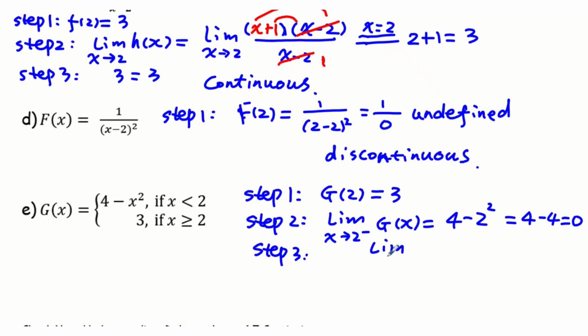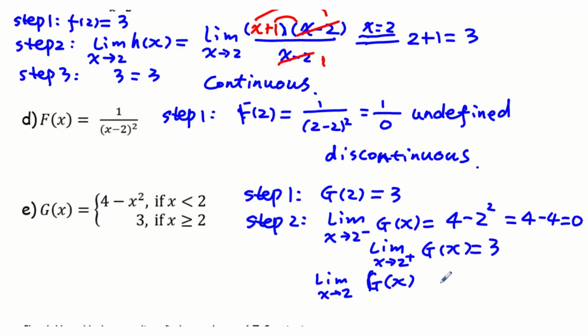Actually from the right side, it will be 3. So we don't have to go to step 3. In step 2, the limit doesn't exist. Then we can stop here. It's not continuous, discontinuous.